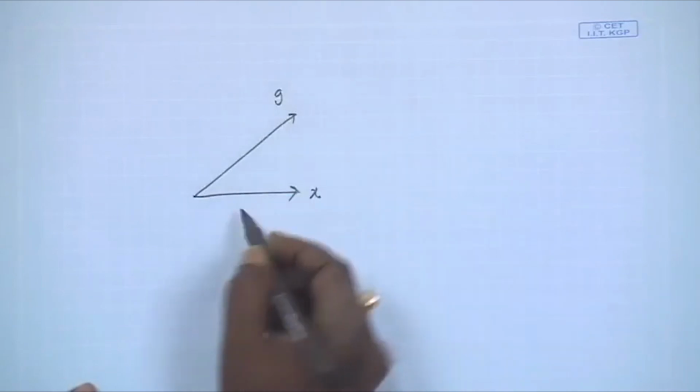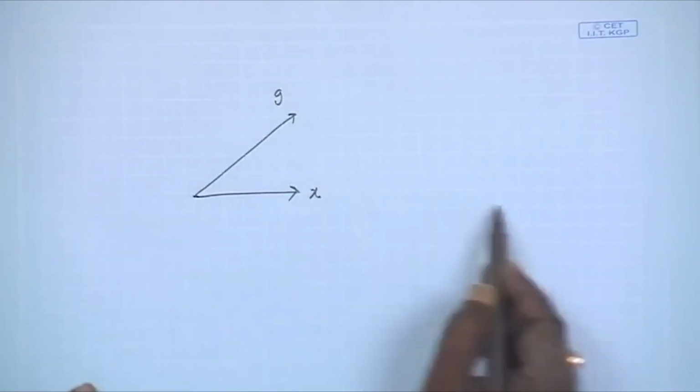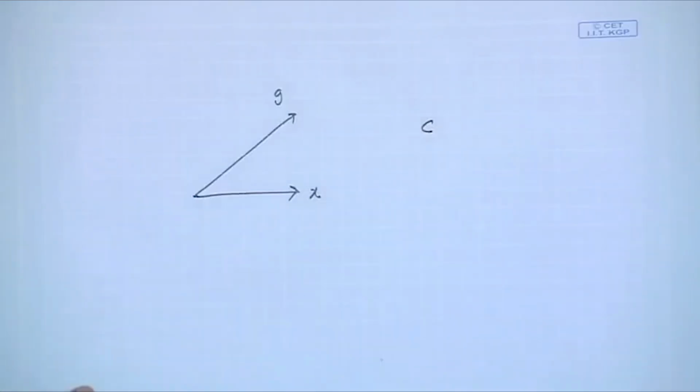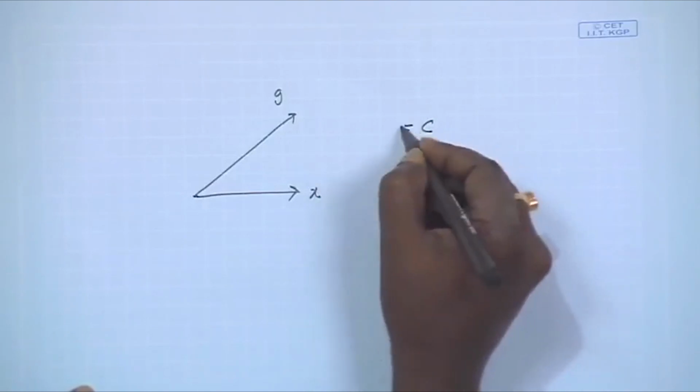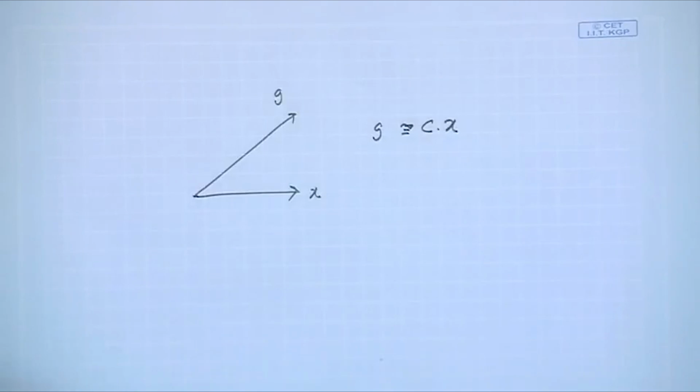So basically if I have to represent with respect to this vector, I will always be in this direction. I cannot go in any other direction because I have to represent with that vector only. So I can only apply a scalar multiplication to that vector, right. So let us say that scalar multiplication is C. So I approximate G with C into x, where C is a scalar. Okay. So now it depends on the value of C, what value of C I put.